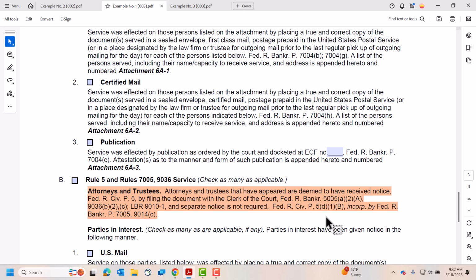How to complete Section 6 of EDC Form 7-005. Section 6B1, Notice by U.S. Mail.